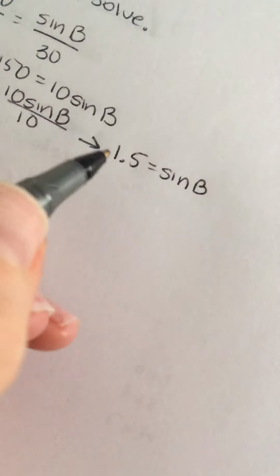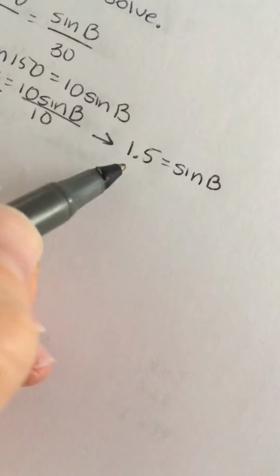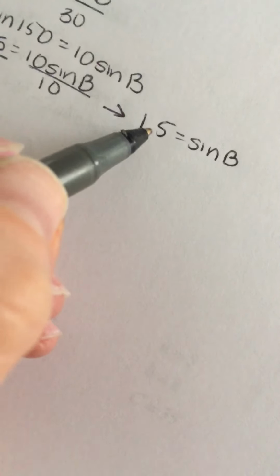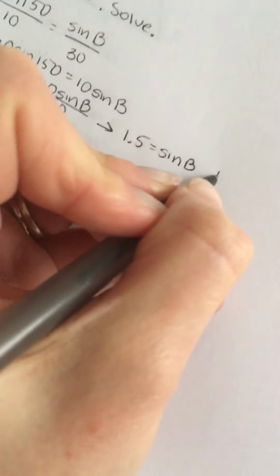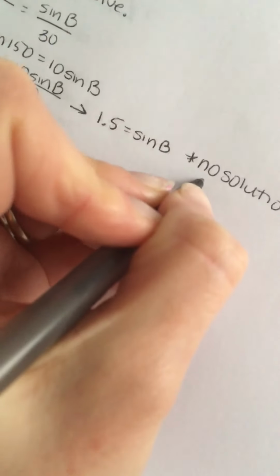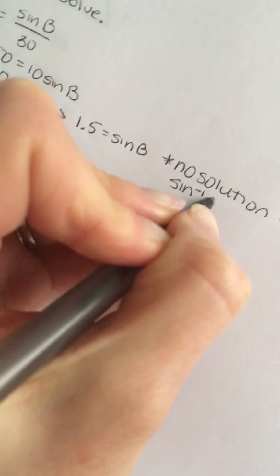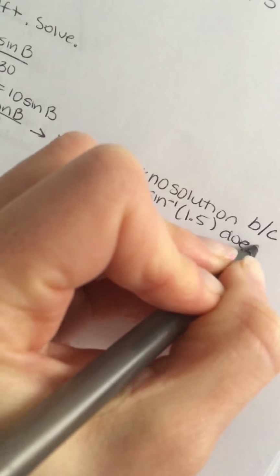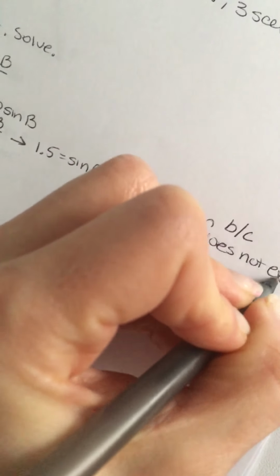Now, this should raise a red flag, and if it doesn't, putting it into your calculator will. The big problem is that we cannot find the sine of something larger than 1 or less than -1. So, no solution, because sine inverse of 1.5 does not exist.